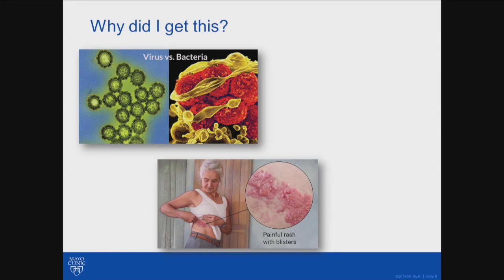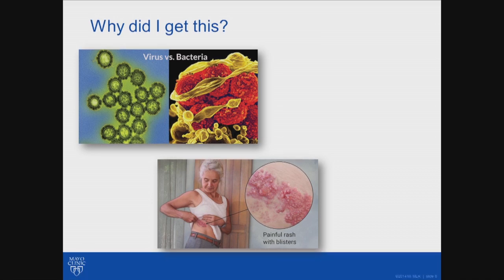There are different studies showing that this may or may not have a correlation. There was a nice study showing that it probably is one of the risk factors, but certainly is not the cause in everybody. But those who have shingles may be at higher risk of then developing giant cell arteritis. Again, perhaps this serves as a trigger to the immune system, and then the immune system goes wrong and starts to attack blood vessels.